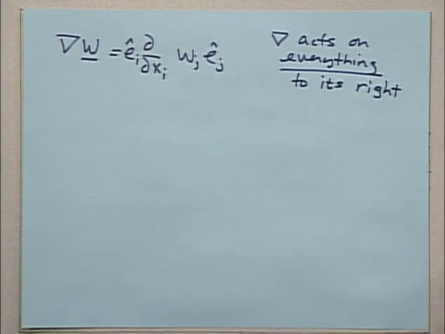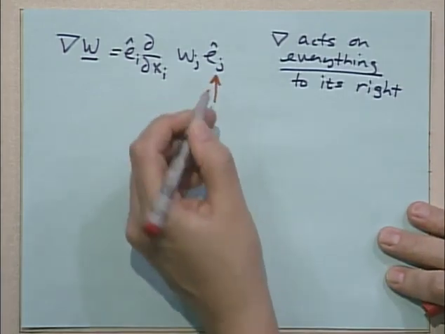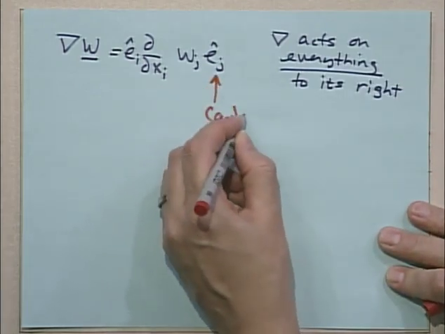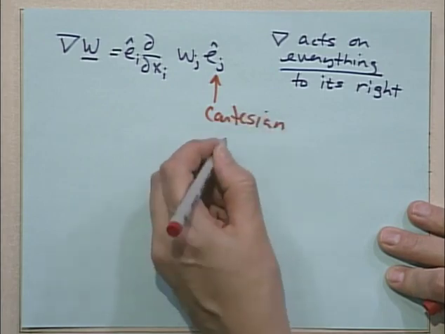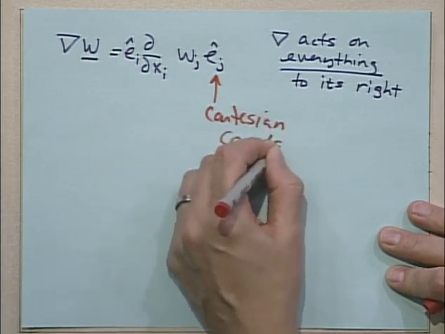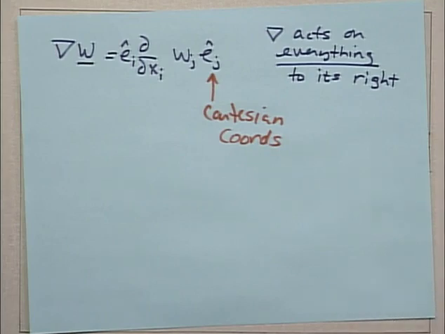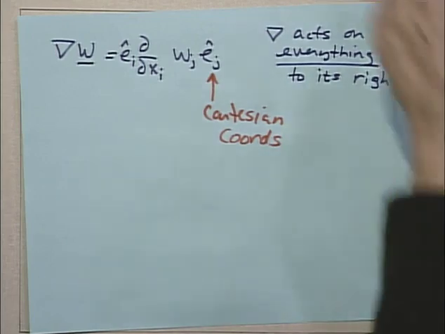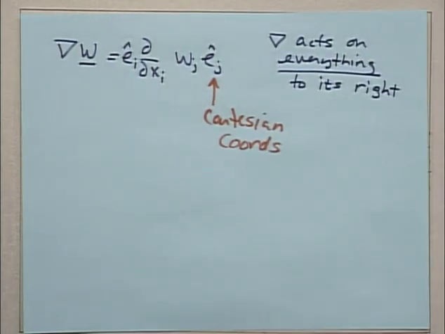And this brings up why we only do Einstein notation in Cartesian coordinates. Cartesian unit vectors, as I discussed before, are constants. They don't change.